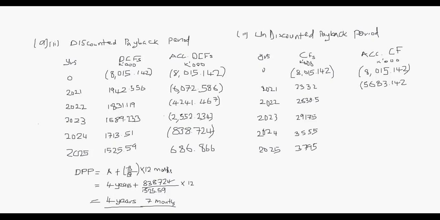Remember, this is still a negative amount, so we put brackets. The next negative will be 3,044.642. Go to the next figure, we accumulate 2,917.5.